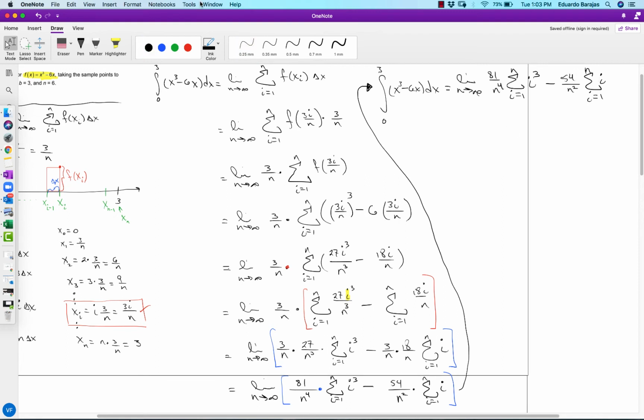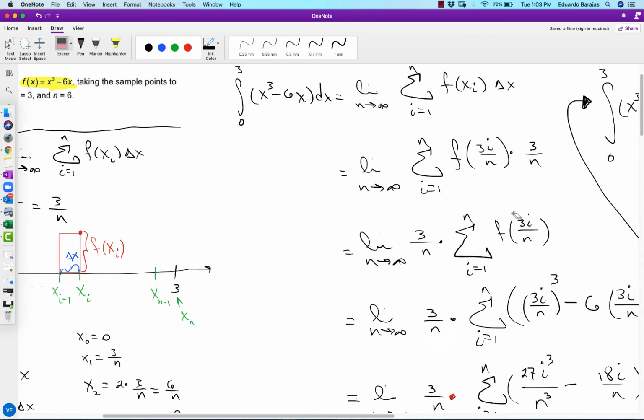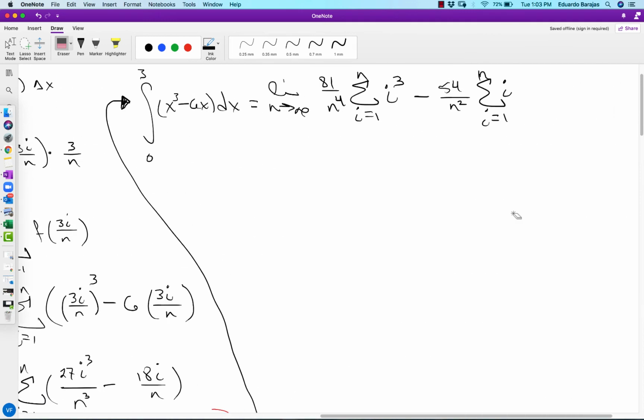Okay, let me zoom into here now. Okay, so again, the limit applies to all of it. And now we have some nice formulas for these.